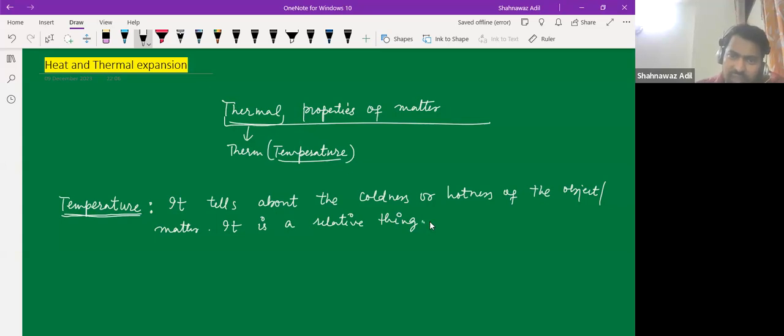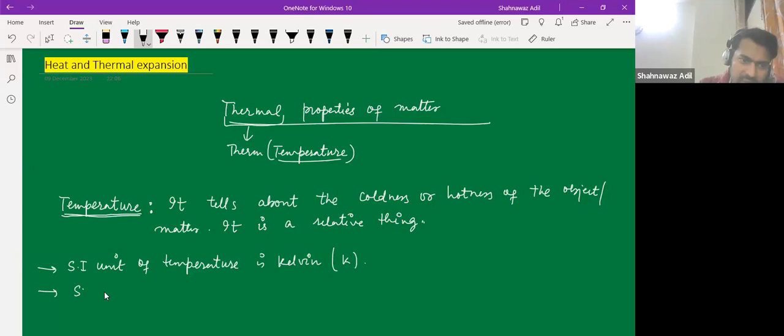For the measurement, there are two common units of temperature: one is Fahrenheit and the other is Celsius, but the SI unit of temperature is Kelvin. It is denoted by K, and it is a scalar quantity, right?